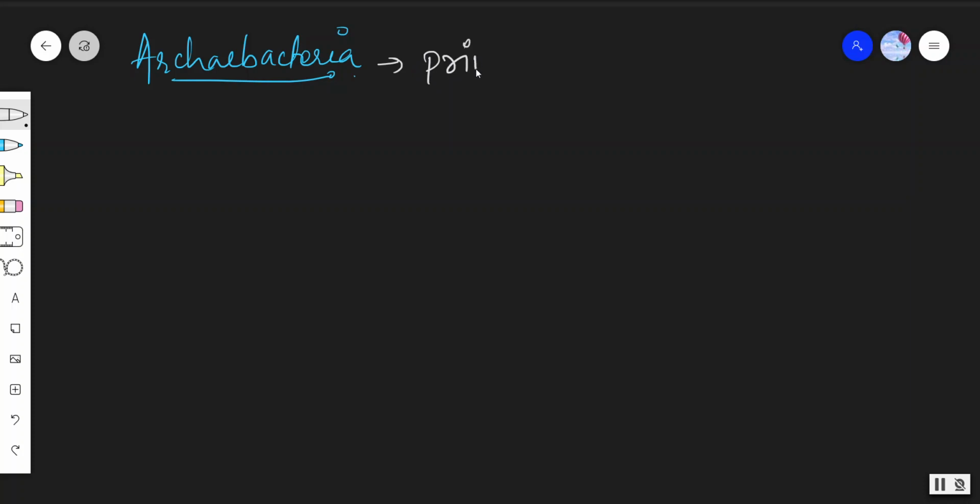So first point is most primitive prokaryotes are the Archaebacteria, okay. In this, the cell wall is made up of proteins and non-cellulosic polysaccharides.